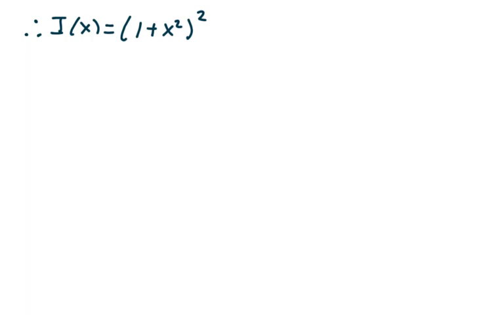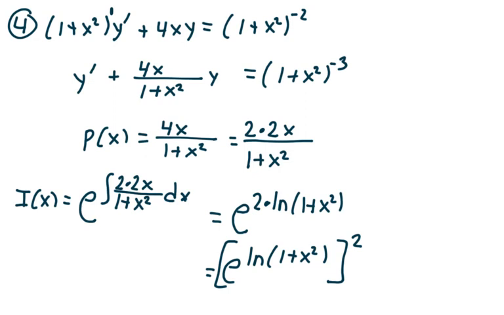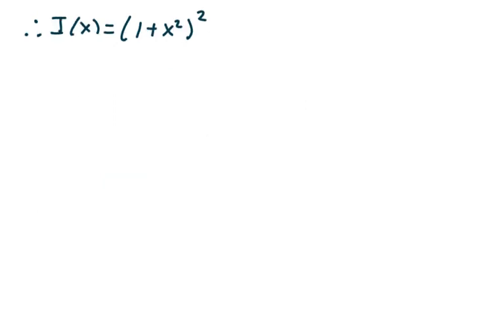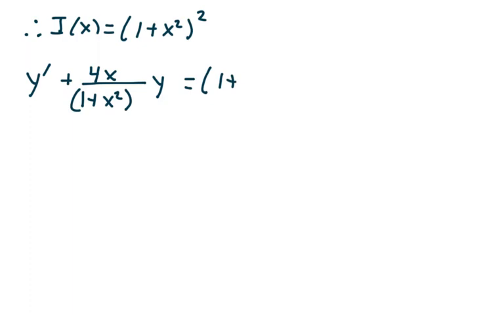Do not square that out. Leave it as is. Now, what goes on from there? So let's go back and write our differential equation. Let's remind ourselves: y prime plus 4x over 1 plus x squared times y is equal to 1 plus x squared raised to the negative 3.